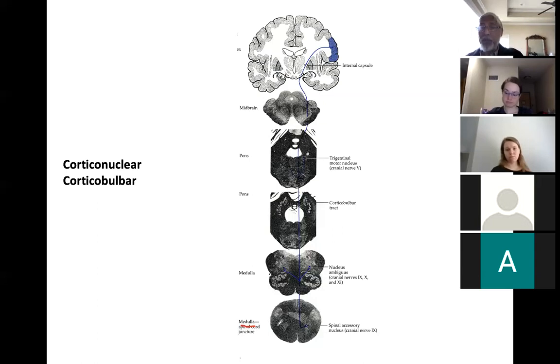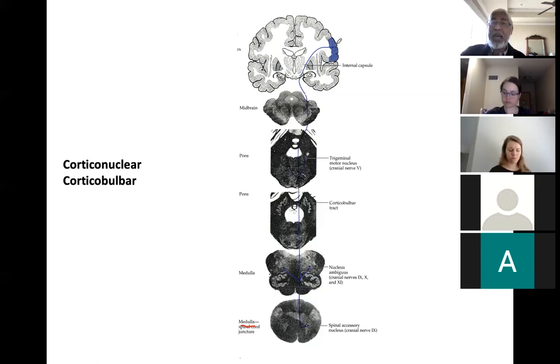Medulla ends and spinal cord begins. The spinal cord is the continuation of the medulla. These fibers stopped at the medulla. They didn't go any further down. So if they don't go any further below the medulla, can we call them corticospinal? Does it make sense? It doesn't make sense, right?